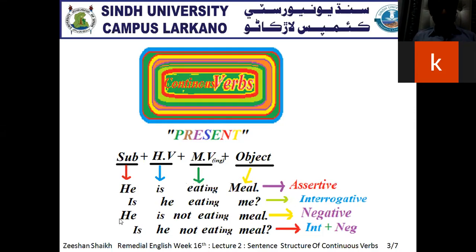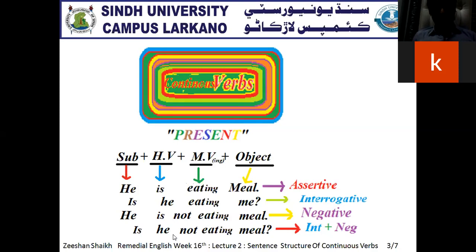Now the third sentence is the negative sentence. In this sentence, we have to give the word not directly after the helping verb. Likewise, is not. Clear? He is not eating meal. Definitely, not always comes after the helping verb, as given in the slide.